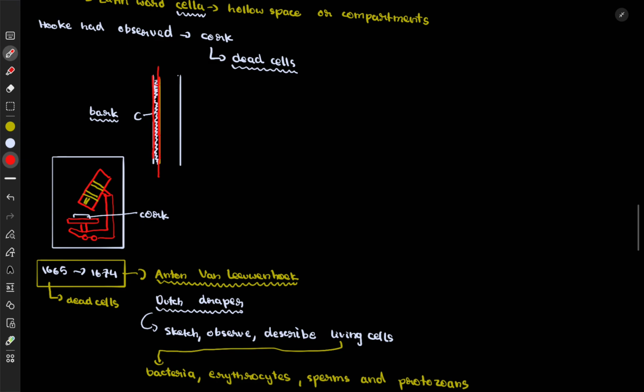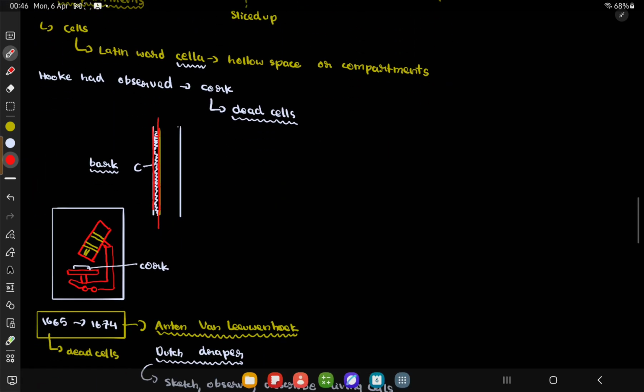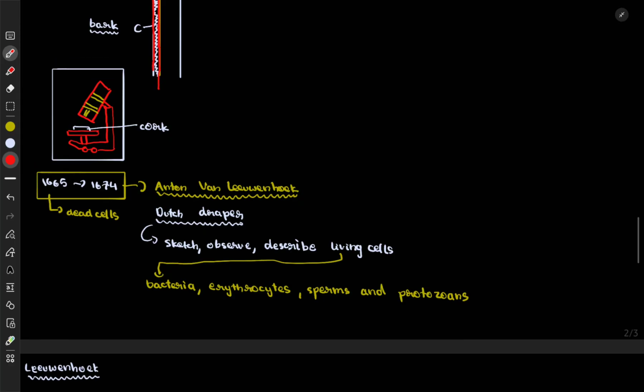Then we have Antony van Leeuwenhoek, a Dutch draper. He was the first person to observe, describe, and sketch living cells like bacteria, erythrocytes, sperms, and protozoans.